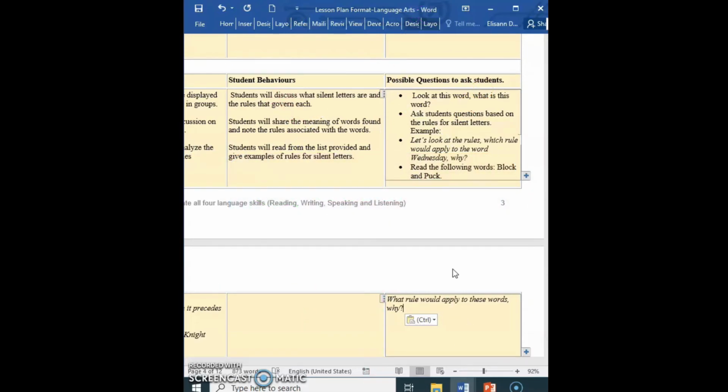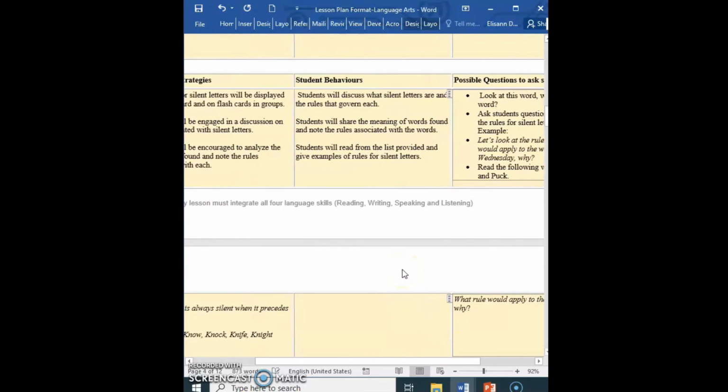What is this word? And I'm going to ask them specific questions relating to rules. Look at this rule. Which rule would you apply to this word, Wednesday, and why? I want them to think critically. I want to develop those higher order thinking skills. I want them to read the following words and tell me which rule would be applied to those words and why.